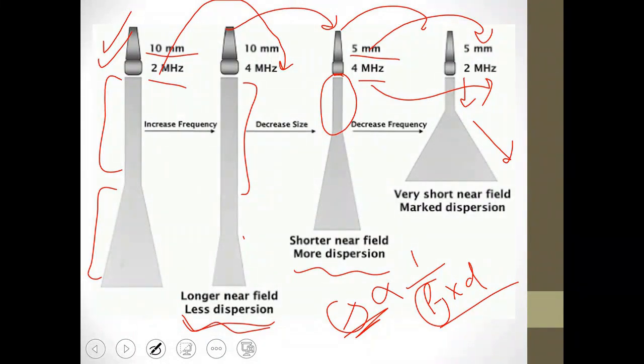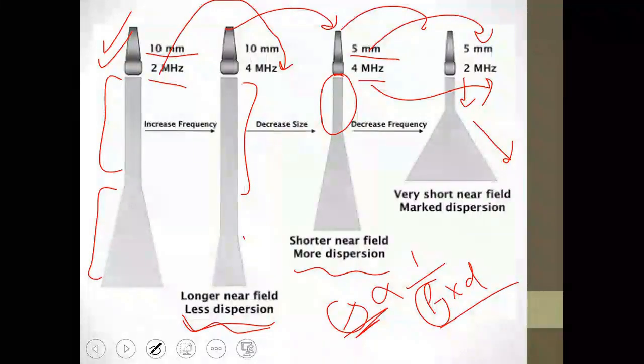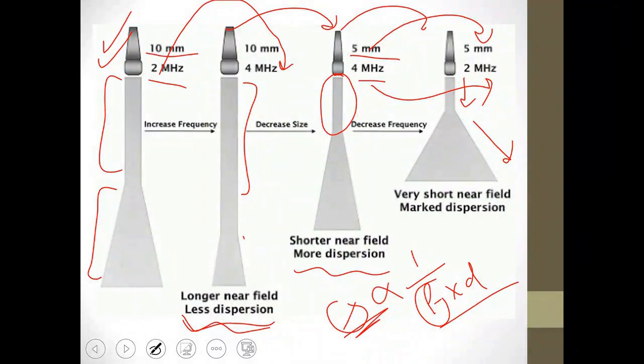The relationship is that if you increase the diameter and increase the frequency, the near field increases. Regarding the divergence angle, if you increase the frequency, the divergence angle decreases. If you increase the diameter, the divergence angle decreases as well. All right, doctors, it's a clear point.